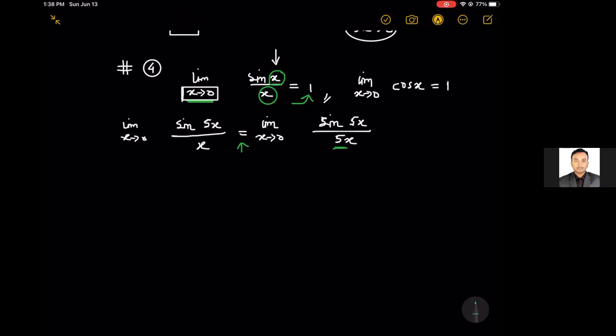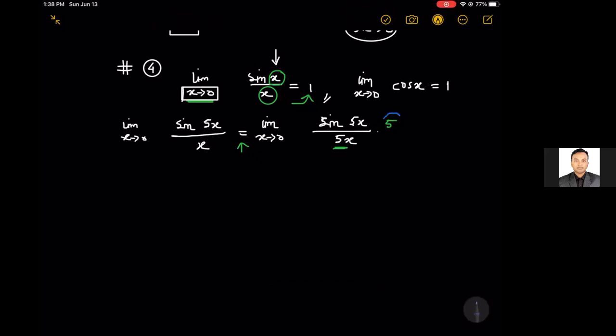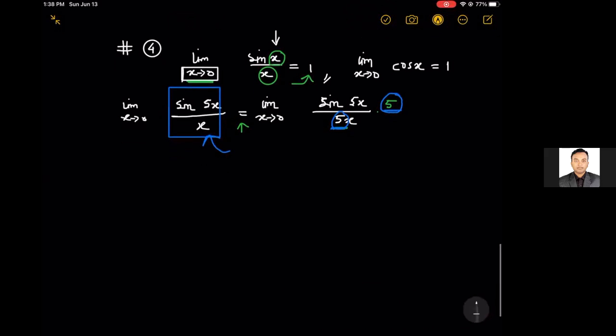You can't really write a 5 in the denominator out of nowhere. You need to keep the value intact. So if I have a 5 in the denominator, I need to have 5 in the numerator as well, so that if I cancel this, I still get the same function which I started with. If you multiply the denominator by something, you need to have the same thing in the numerator as well, and vice versa.